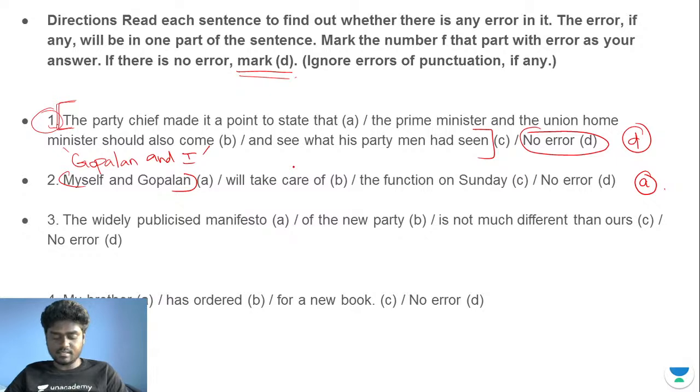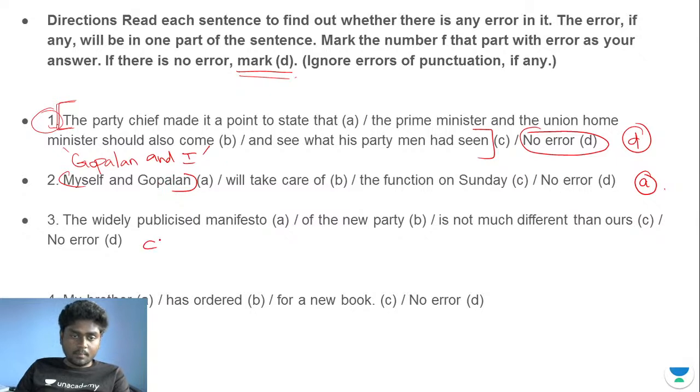Okay, Aditya said it is option C. That is, the widely publicized manifesto of the new party is not much different than others. So, yes, very good, Aditya.